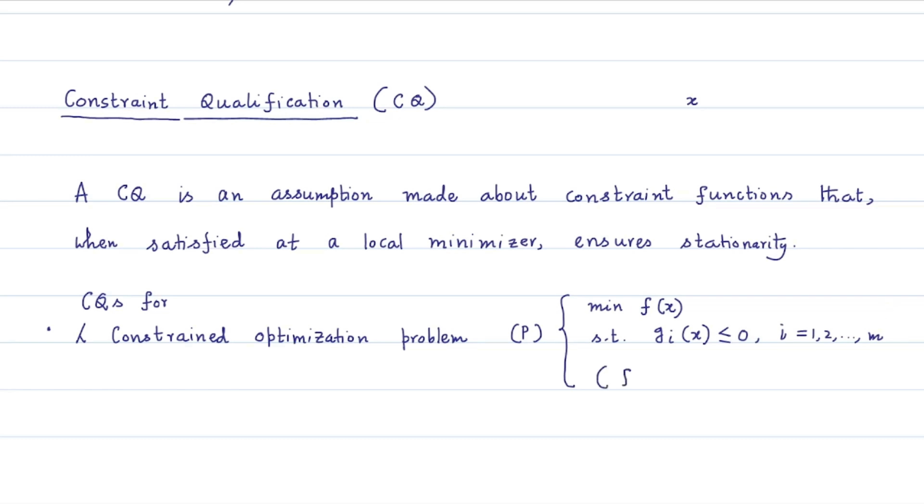And here we assume, as usual for the first order necessary optimality condition, that f is a C1 function and all g_i's are also C1 functions.